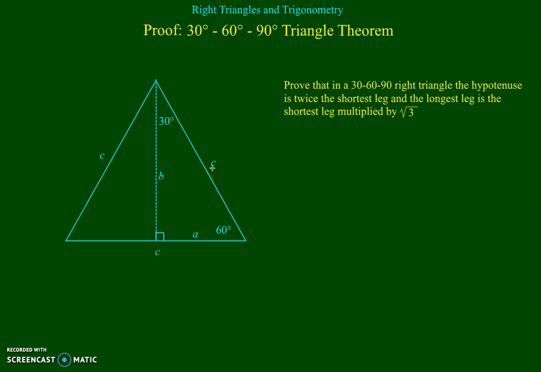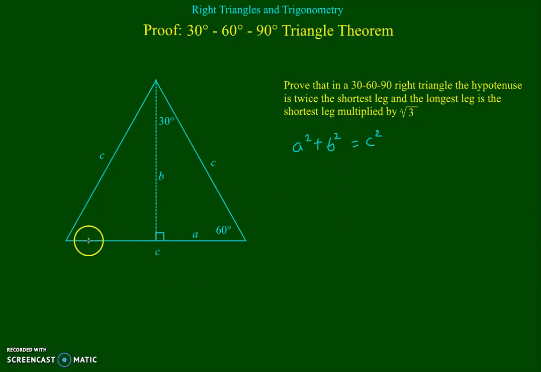So to do this proof, we're going to use the Pythagorean theorem, and that says that the sum of the squares of the legs equals the square of the hypotenuse. So we're going to say a squared plus b squared equals c squared.